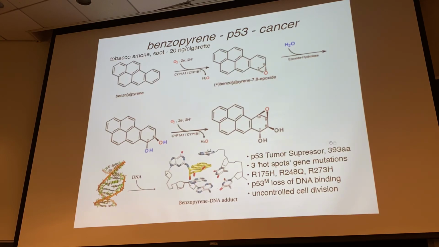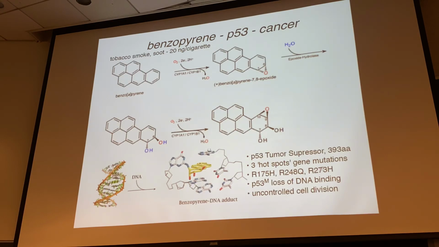But if it mutates in the gene region of this protein called P53, now that's a tumor suppressor protein, or proto-oncogene. And if it gets mutated in the 3 hotspots here, and so this is arginine to histidine, arginine to Q, which amino acid is that? We'll have to look at that later on, arginine to histidine.